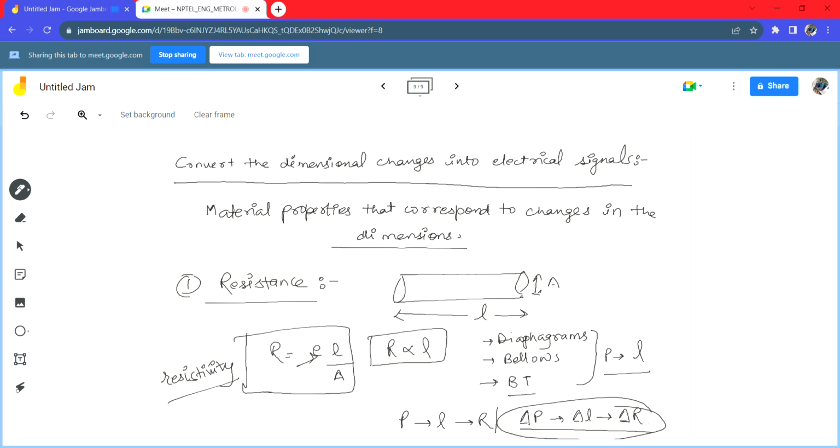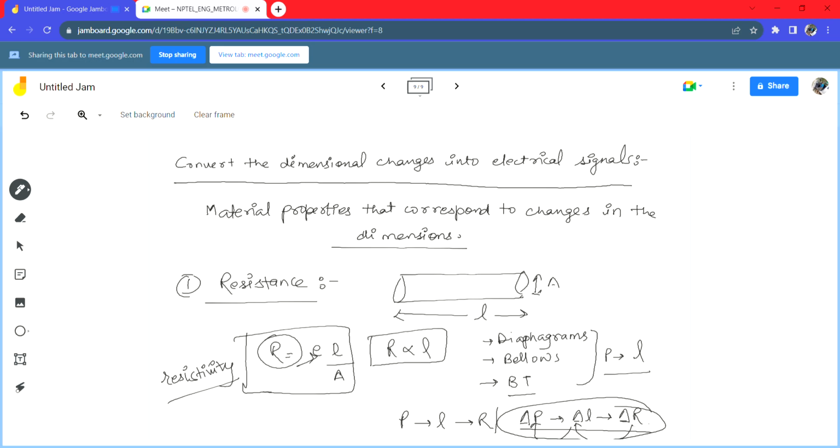All I have to do is to design a system such that I can measure this change in resistance. And if I can measure this change in resistance, I can go in the reverse fashion and say that this corresponds to change in length L, and this corresponds to change in the pressure P. So the crux of my design of a pressure transducer is to find a property that corresponds to the change in the linear dimensions.